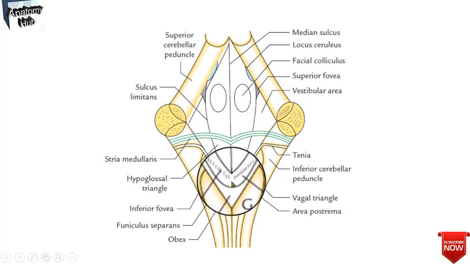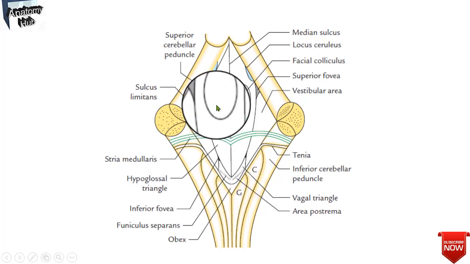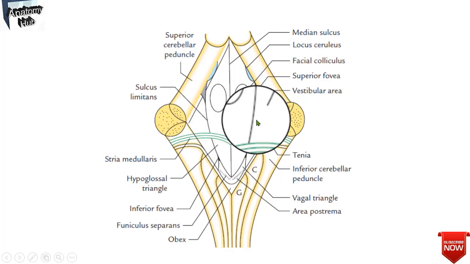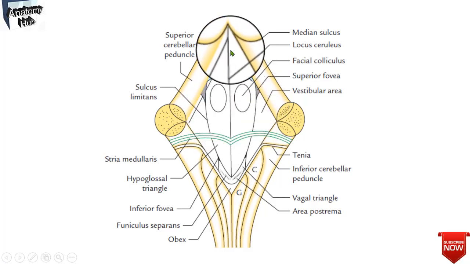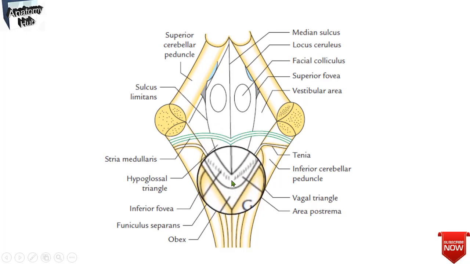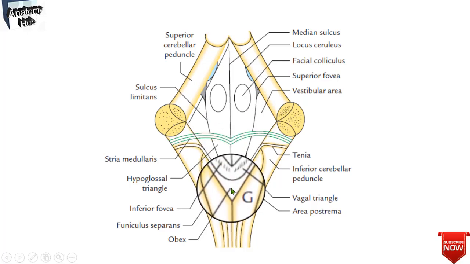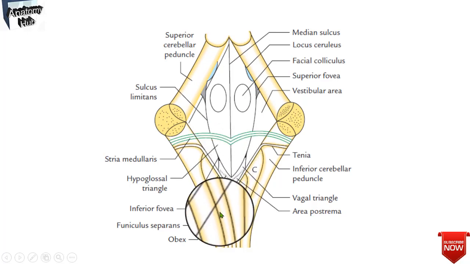That fold is called the obex. The term obex is often used to denote the inferior angle itself, because this rhomboid fossa has four angles: the superior angle, two lateral angles and the inferior angle. So this inferior angle is known as the obex.